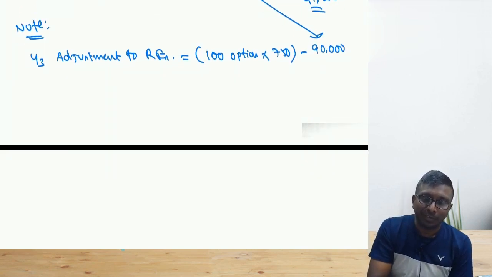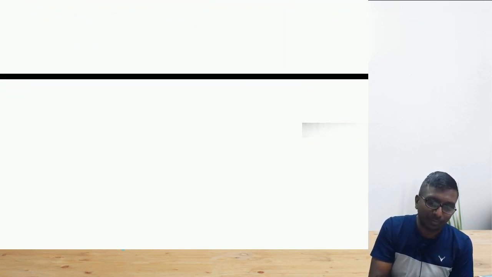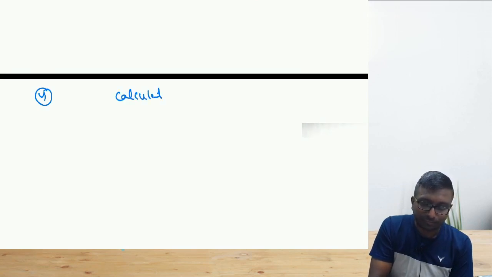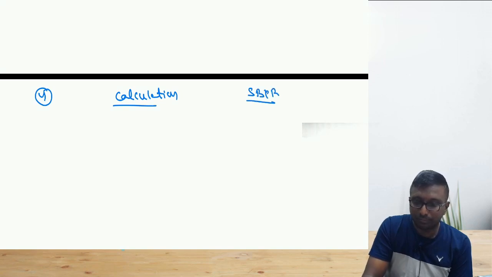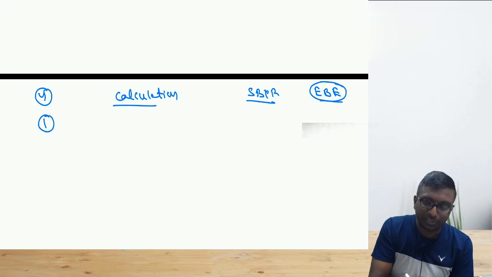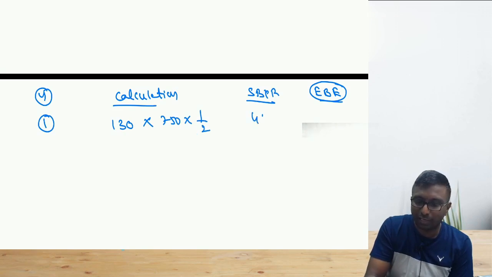Observe here. Some people are somehow confused. What we calculate is directly this one; that is the problem. At the end of the first year, how much is this? 130 options, 750 into 1 by 2, 48,750.